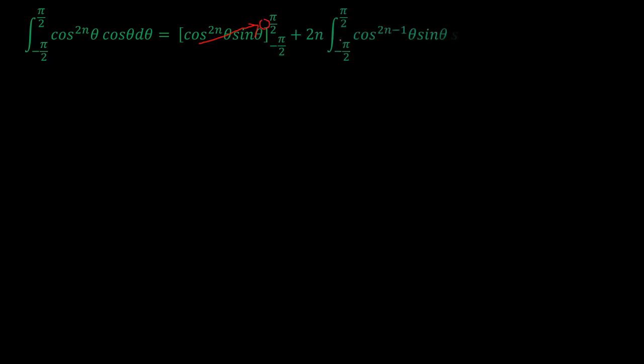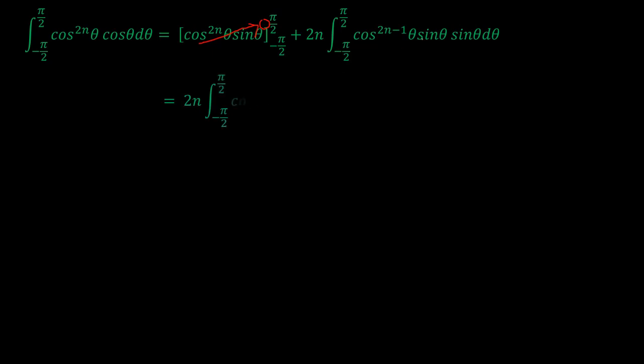And so eventually what happens here is that since we've agreed that this term tends to 0, we are left with just 2n times the integral from theta equals negative pi over 2 to pi over 2.